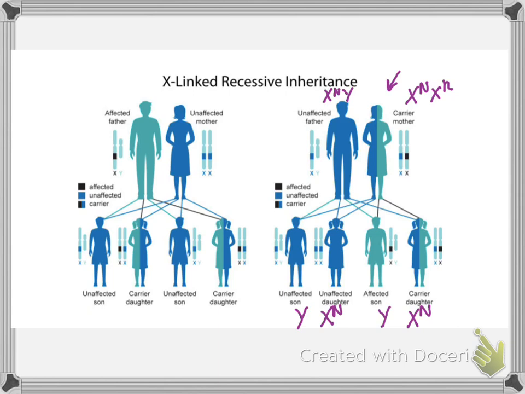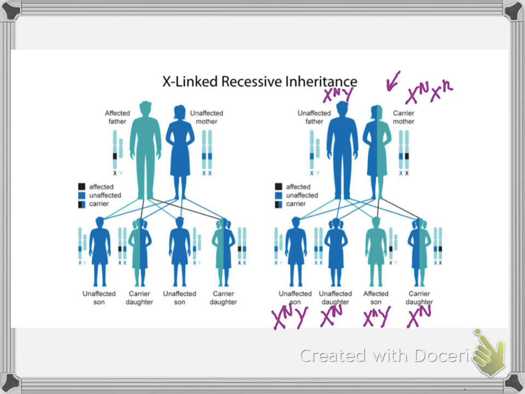However, the mother can give either of her X chromosomes to her children. So in some cases, she might give the normal allele, but in some cases, she might give the recessive allele.